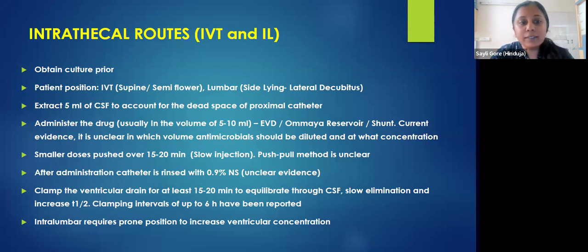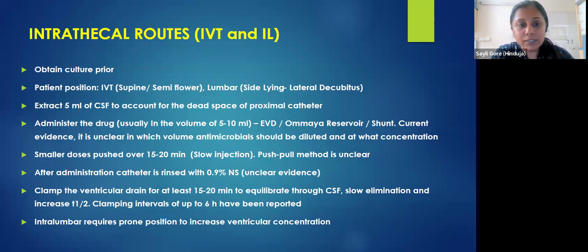And usually the administration volumes of the drug are very small, just between 5 to 10 ml. You can't give 20 ml, 30 ml. You have to make sure the volumes are very small, like 5 or 10 ml. And then it is administered through the EVD, that is the external ventricular drain, an Ommaya reservoir, or the shunt.